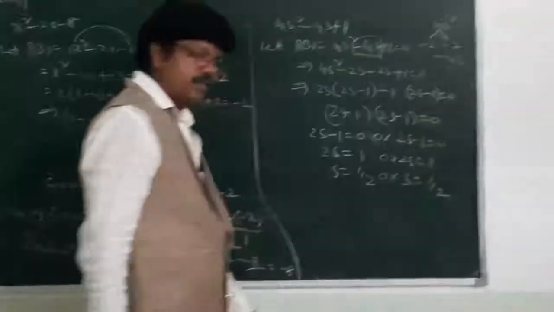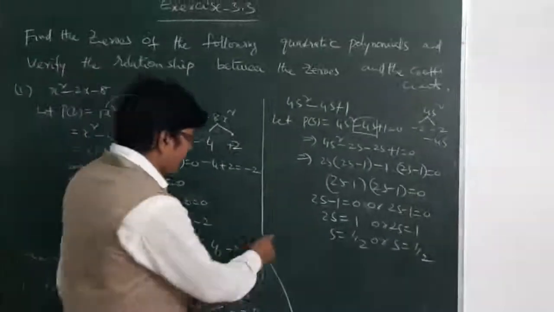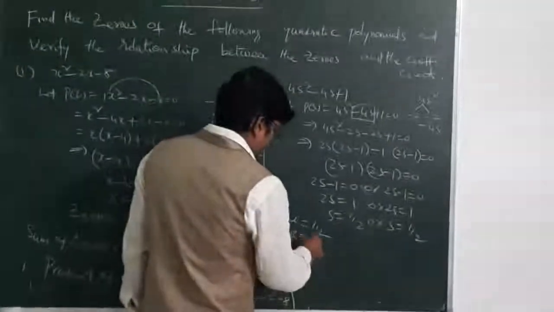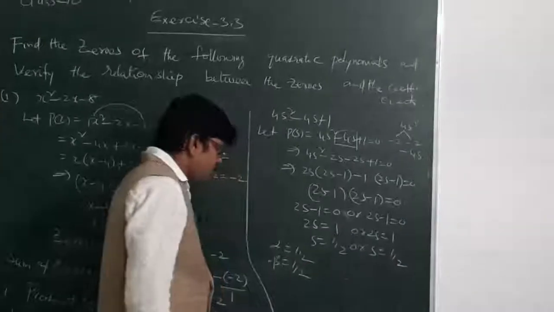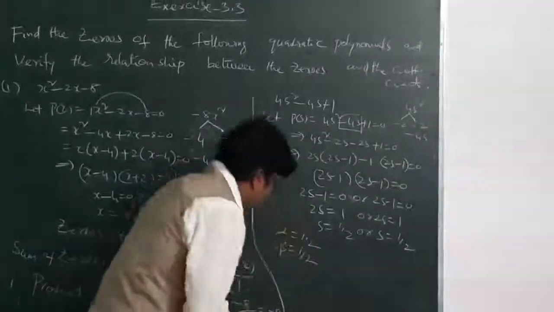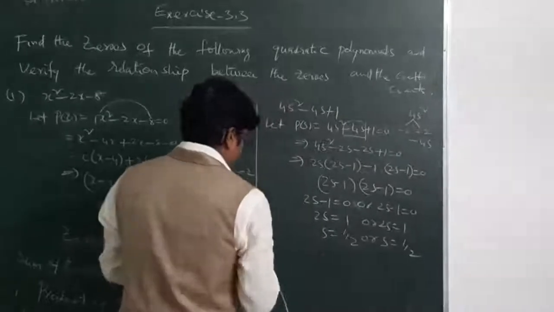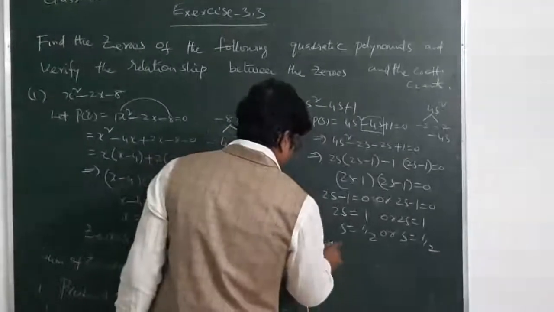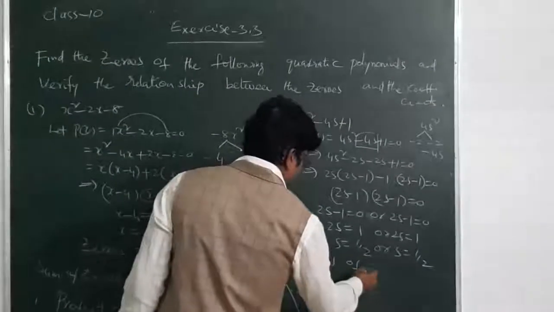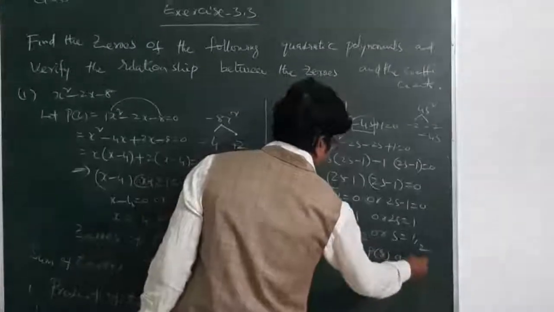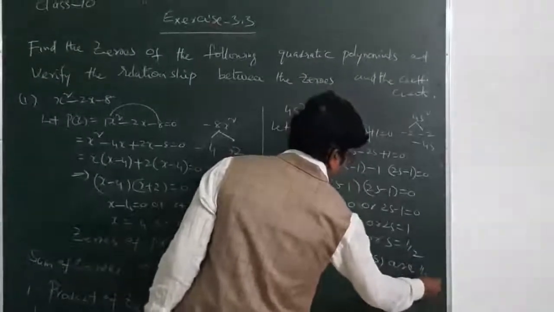Same. Alpha equal to 1 by 2, beta equal to 1 by 2. The zeros of p of s are 1 by 2 and 1 by 2.